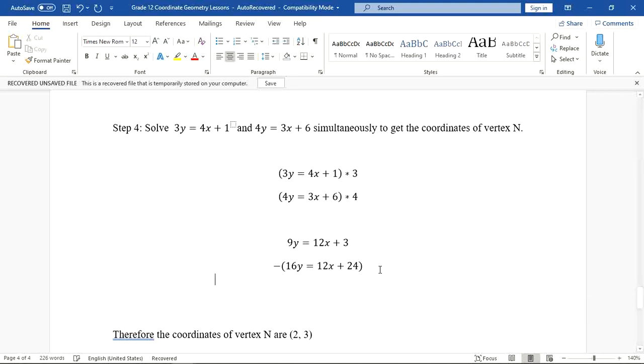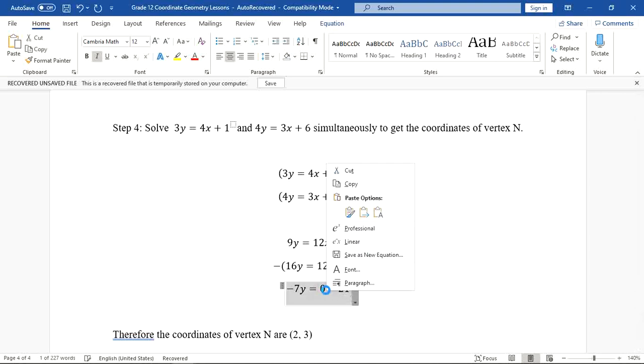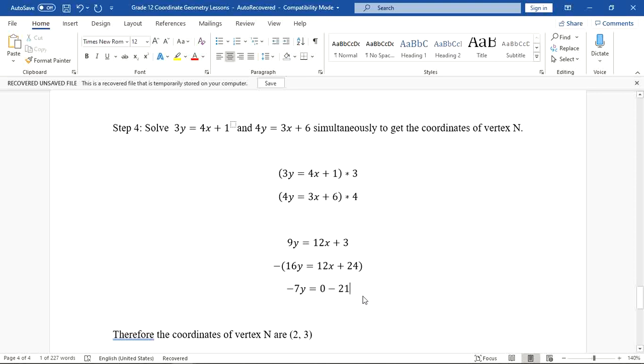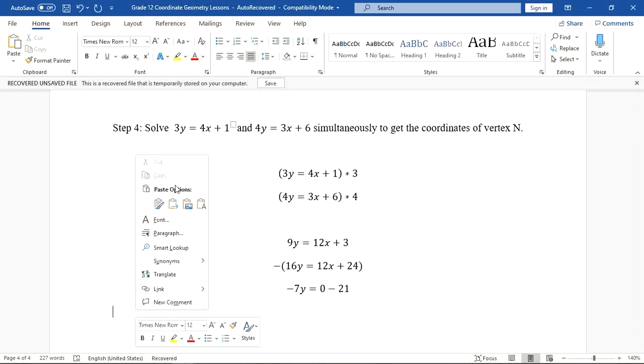So 9y minus 16y will give us minus 7y, and 12x minus 12x will give us 0x, which is 0, and 3 minus 24 will give us negative 21, because it's a small number minus a big number. Okay, and then we end up with negative 7y equals negative 21.